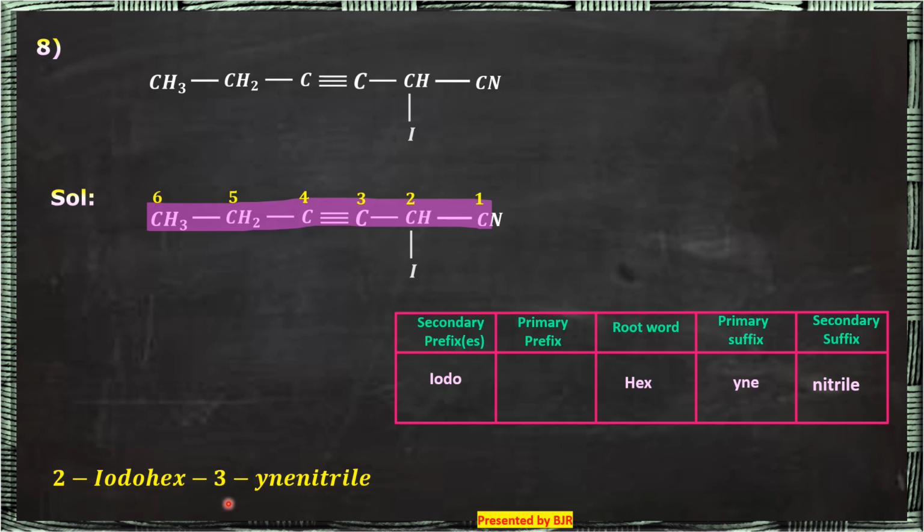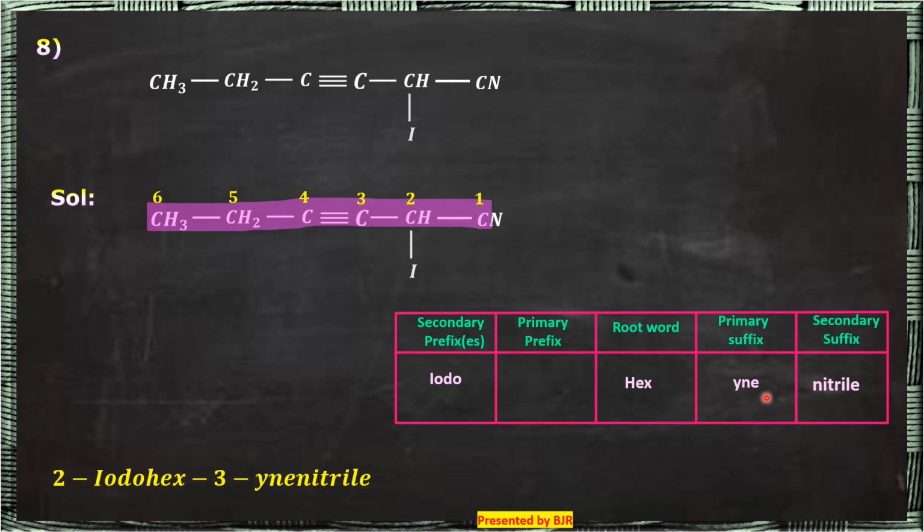2-iodo hex 3-ine nitrile. Here you can observe one thing: the terminal E from INE is not dropped. Why?